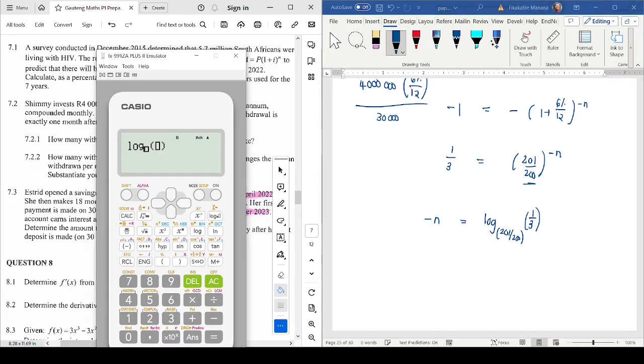So we have a log base 201 over 200. That's a nice thing about a Casio calculator. You can just put things as they are. There we go. So we have negative n is equal to negative 220.27.